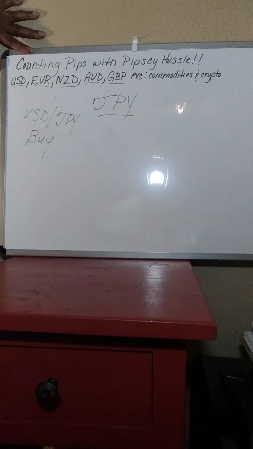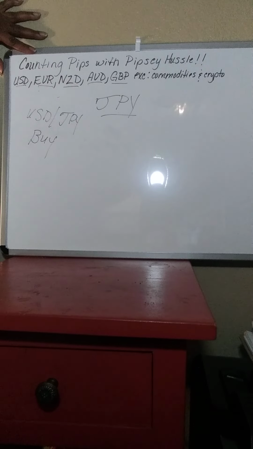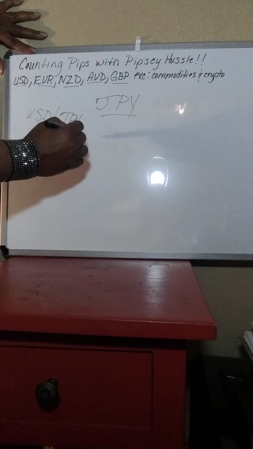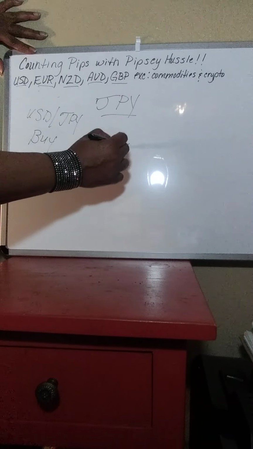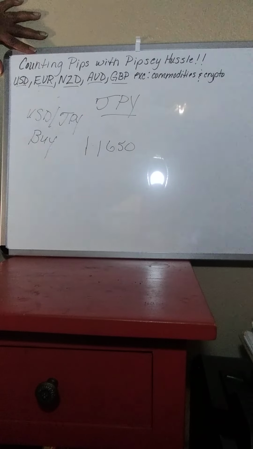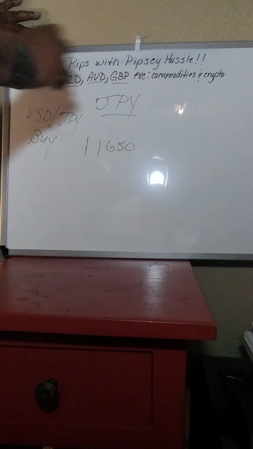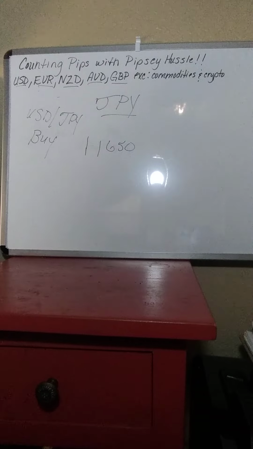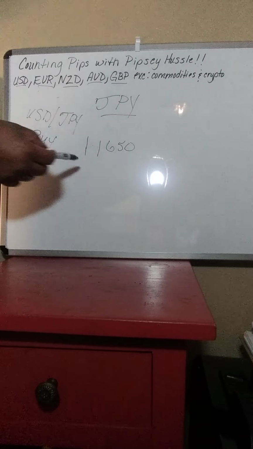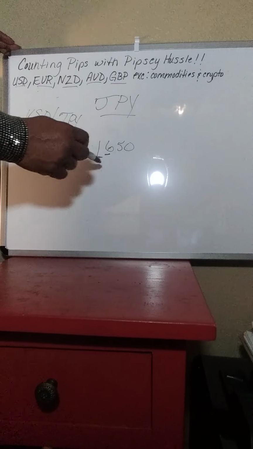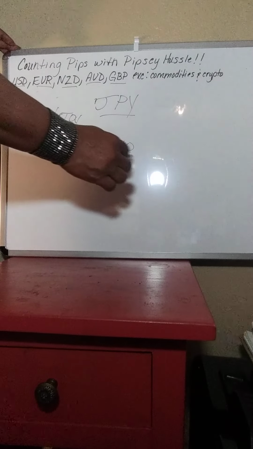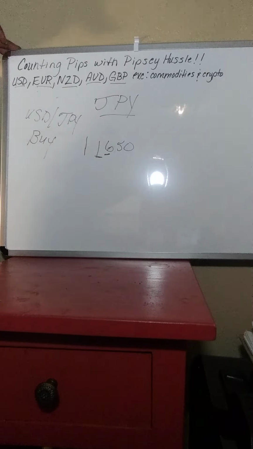We're going to use the same numbers, 1.1650. Now, it's going to be opposite from these pairs, like I said before, because they're special. We're only going to go over 2 places from the decimal when you're dealing with Japanese pairs. So we're not going to manipulate the last 2, just the first 2.